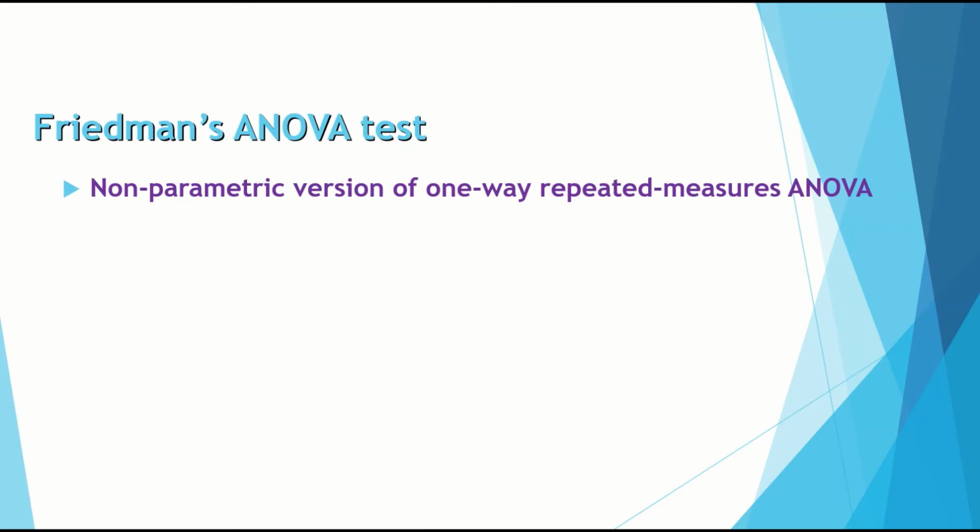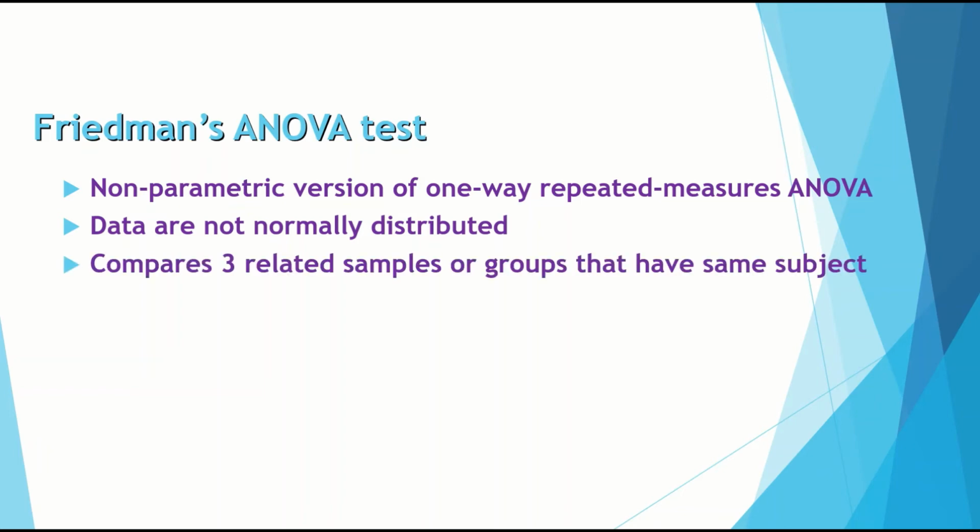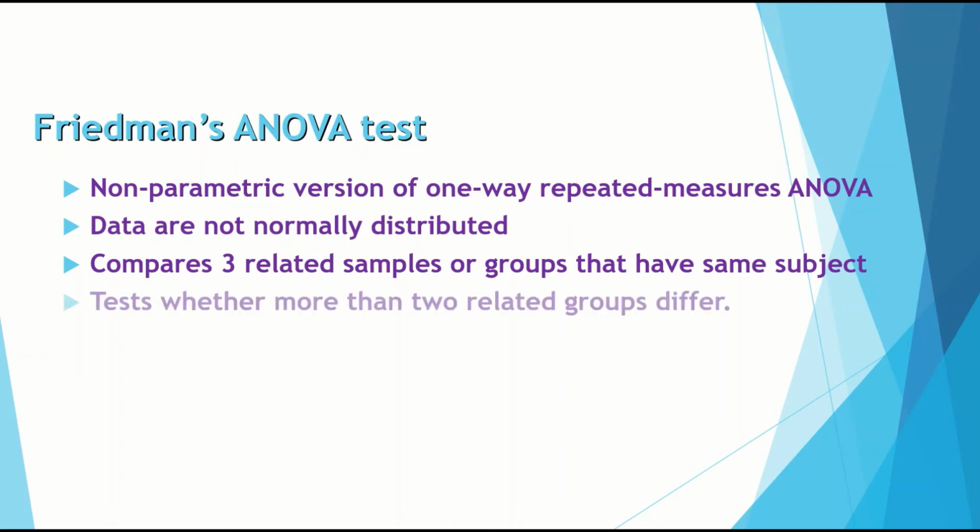The test is the non-parametric version of one-way repeated measures ANOVA. Data are not normally distributed. The test compares 3 related samples or groups that have the same subject. It tests whether more than 2 related groups differ.